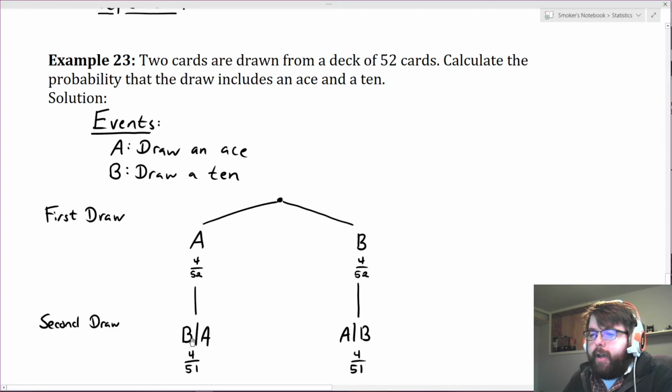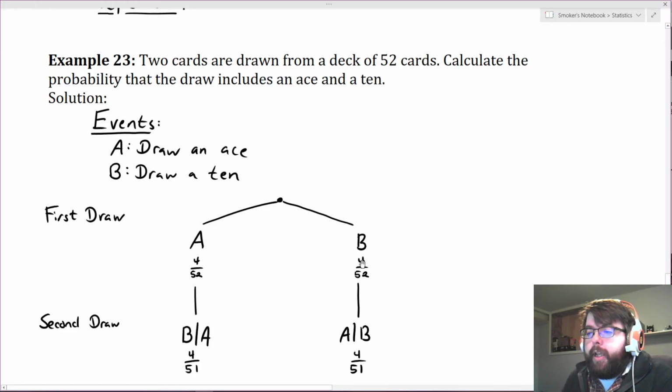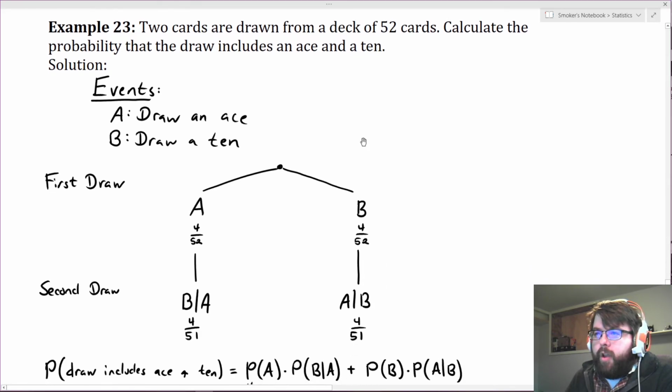So the probability of a 10 given an ace is 4 out of 51, and if you already pulled a 10, the probability of an ace is 4 out of 51, because the 10 is gone, so there's one less card, but there's still 4 aces. So it doesn't matter whether you pull the 10 first and then the ace, or the ace and then the 10.